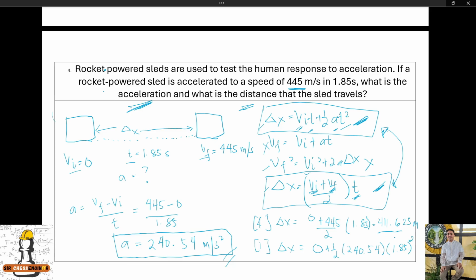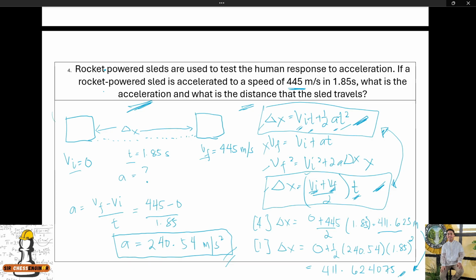If you use the calculator, 240.54 times 1.85 squared divided by 2, you still end up with 411.62407.